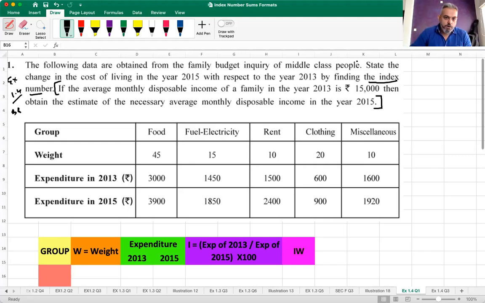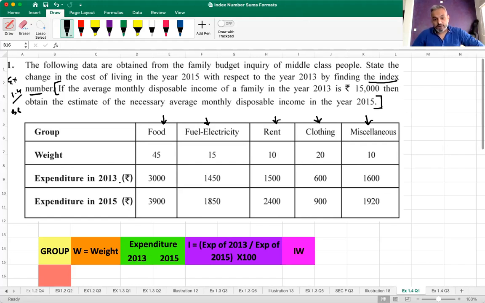Now, the groups given are food, fuel, electricity, rent, clothing, miscellaneous, the cost of living. Now weight is already given: 45, 15, 10, 20, 10.